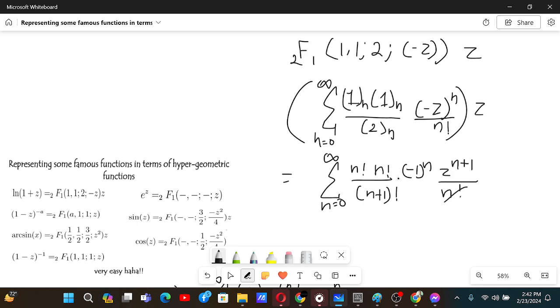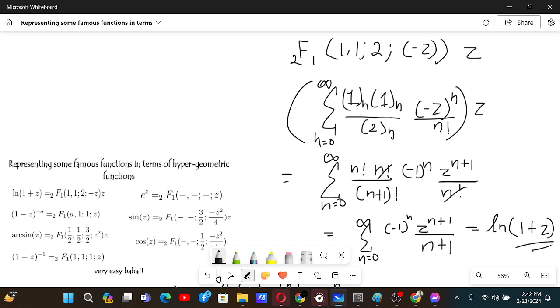The n factorial cancels out, and we have the sum from n equals 0 to infinity of minus 1 to the power n, g to the power n plus 1 by n plus 1. And we know that this is exactly the series of ln of 1 plus g. So this is how we proved the first representation.